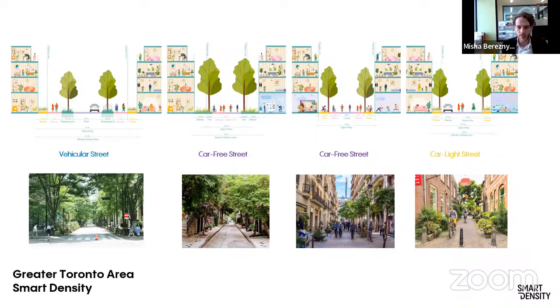So we still have the streets that move cars. Of course, we're able to shrink them a bit as well to bring them to a more manageable and pleasant size. But we also have shared streets where cars enter at very low speeds. And we have some streets that can be completely car-free and much closer to the human scale.